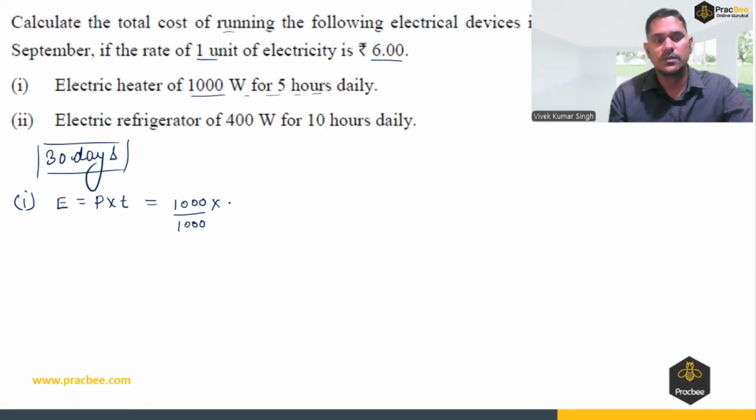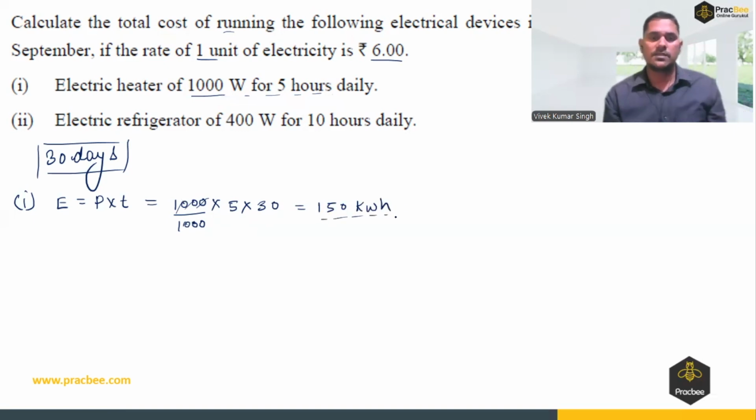Now it is in kilowatt, 5 hours daily for 30 days, multiplied by 30. This 1000 gets cancelled out, so it's 150 kilowatt hour. This much energy the electric heater is going to consume in the month of September.